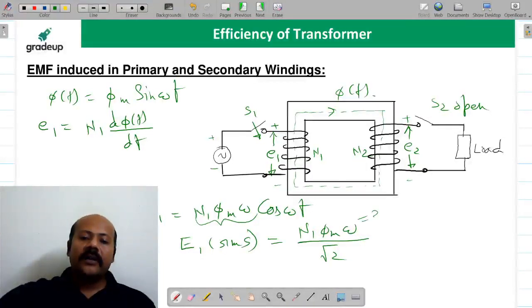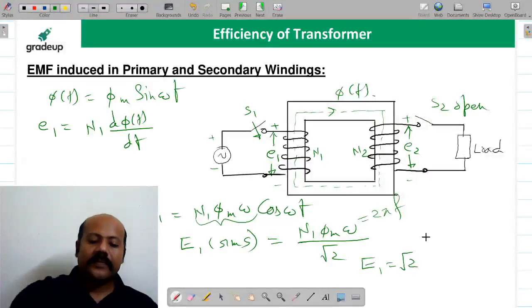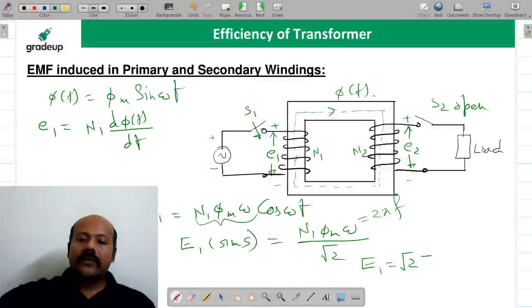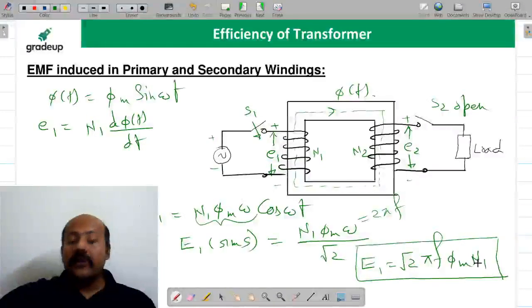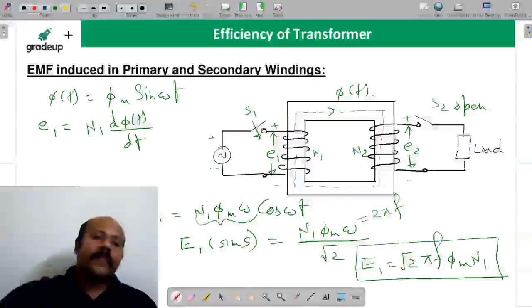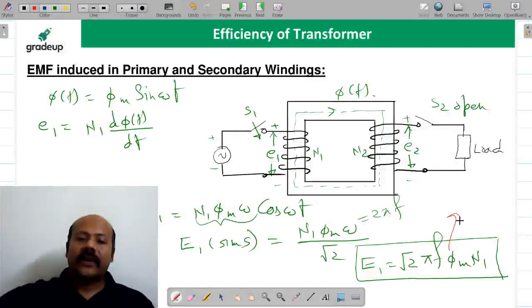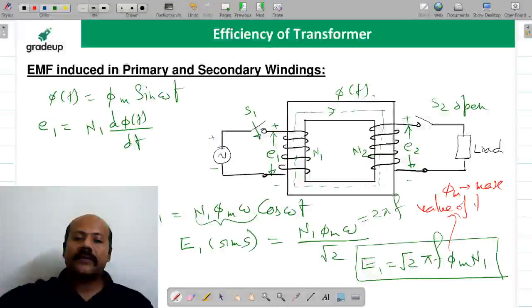What is this omega? This omega is 2 pi f. If you put the value, then you will get E1 as root 2 pi f phi m N1. This is very, very important. You all must be knowing this, but the most remarkable feature in this equation is this flux. Here phi m is the maximum value of the flux.